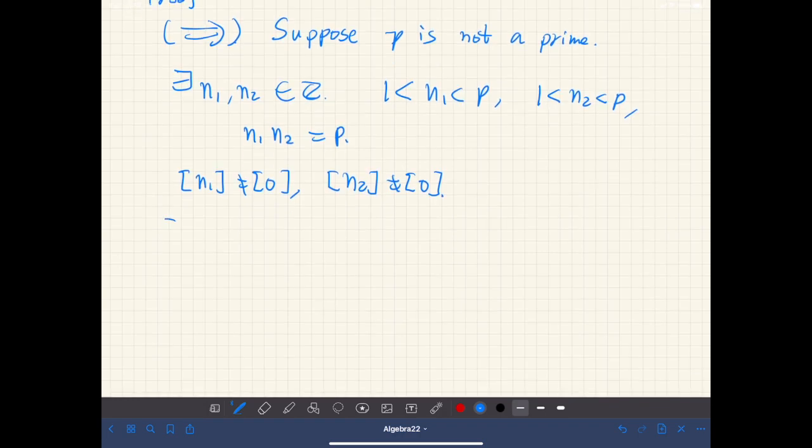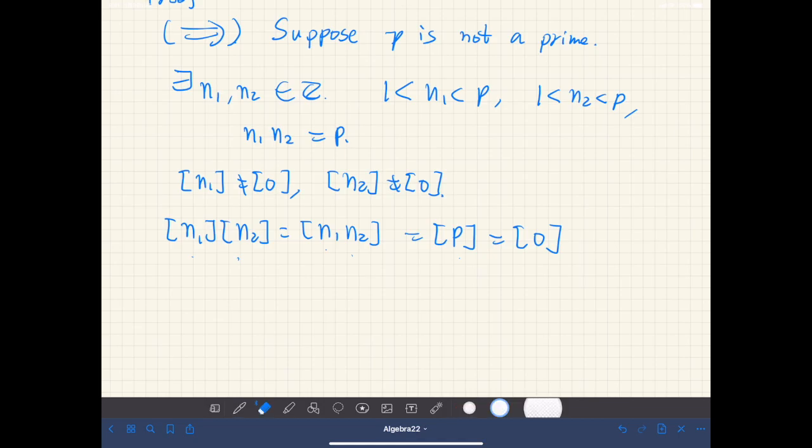But if we take the product of these classes, by the definition of the product between congruence classes, this is equal to the congruence class of the product of integers. But n1 times n2 is P, and the congruence class of P is equal to the congruence class of 0.